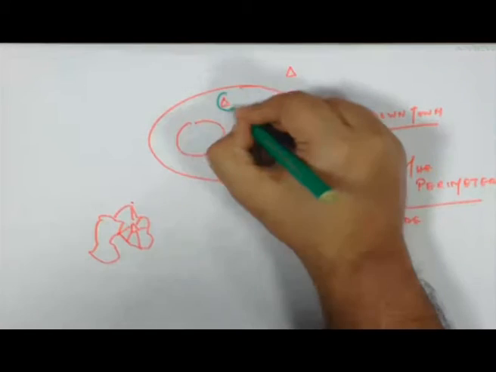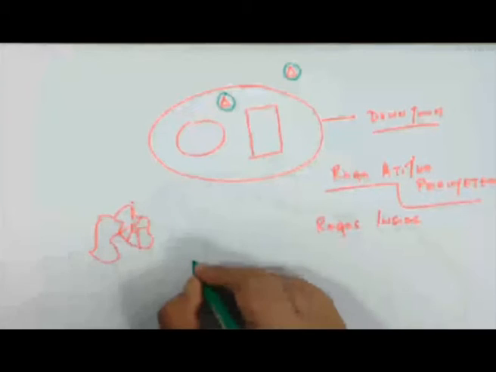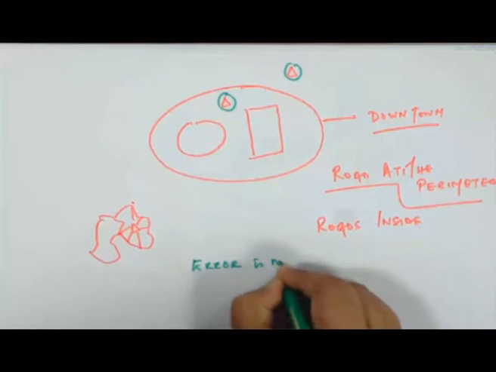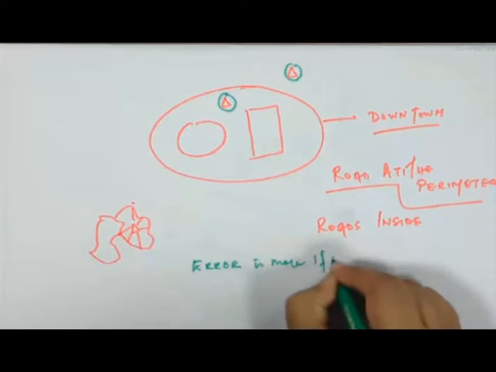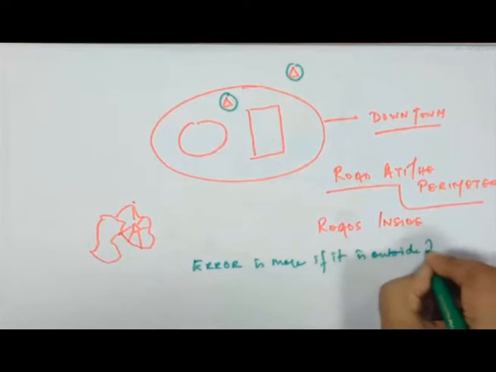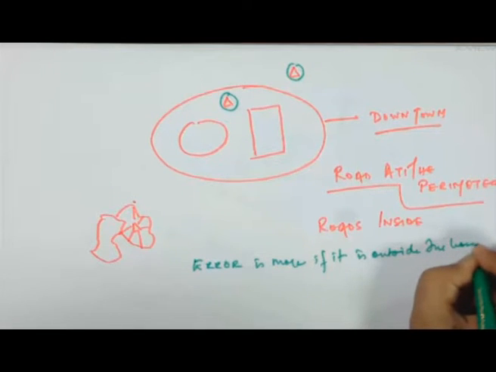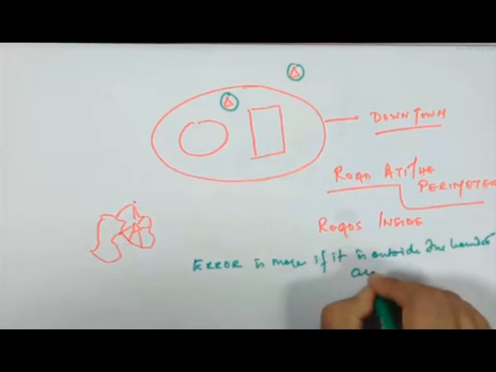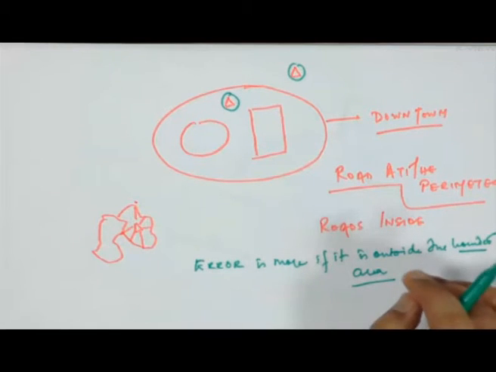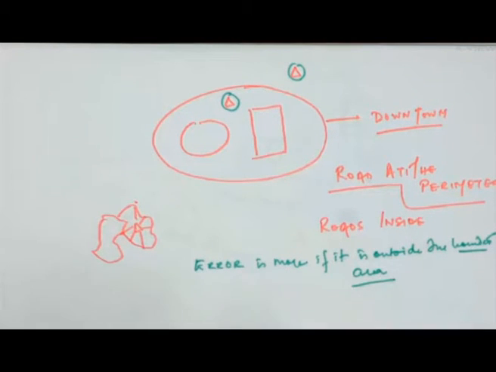So what is happening? The error is more if it is outside the bounded area. But we don't really want to find cell tower positions outside the bounded area. We only want cell towers inside the bounded area.